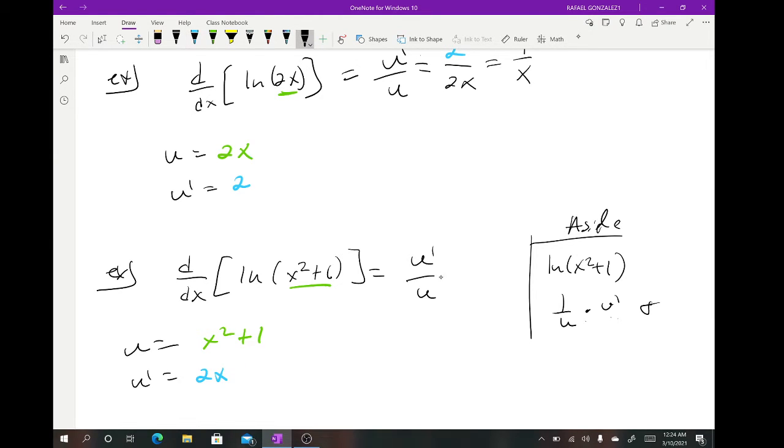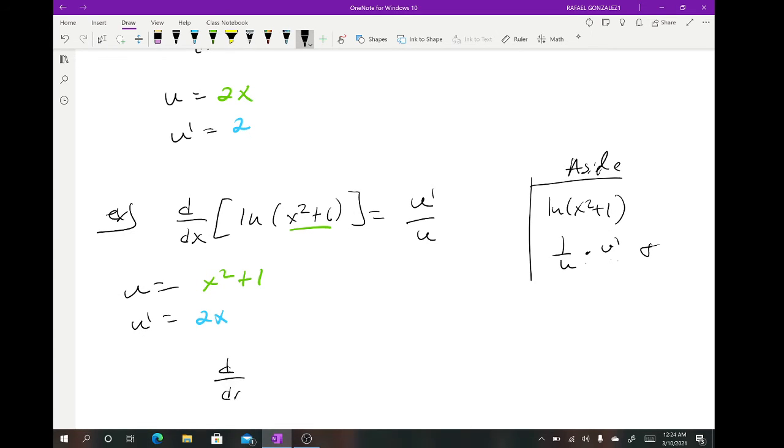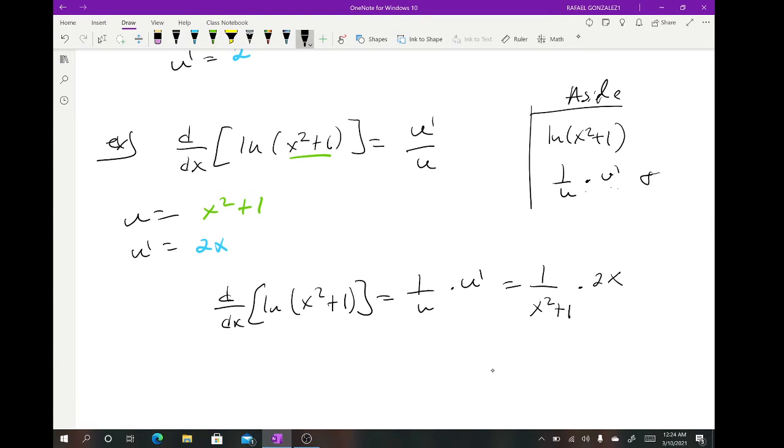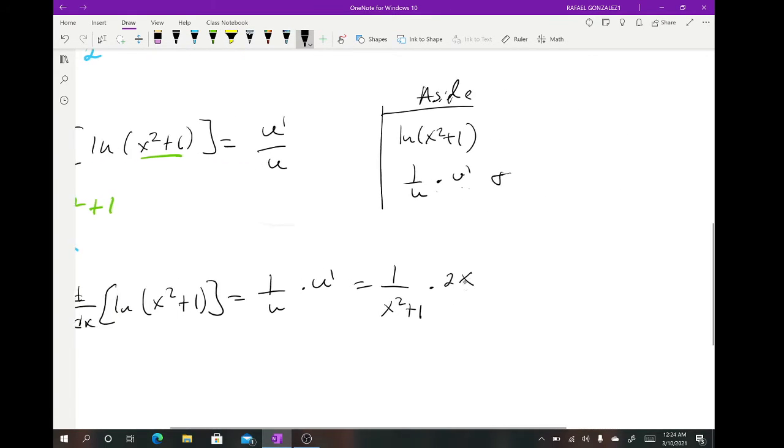Which in turn means that the derivative with respect to x of ln of x squared plus 1 is equal to 1 over u times u prime, which is 1 over x squared plus 1 times 2x, which is equal to 2x over x squared plus 1.